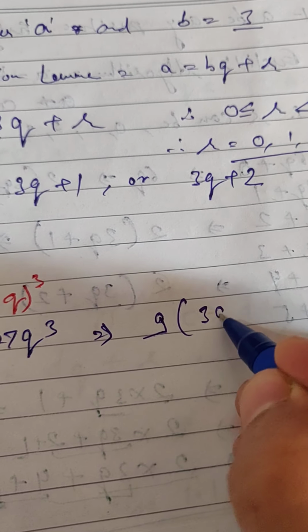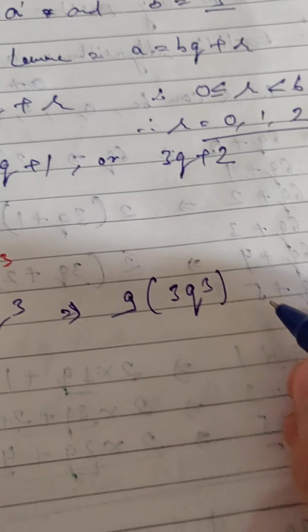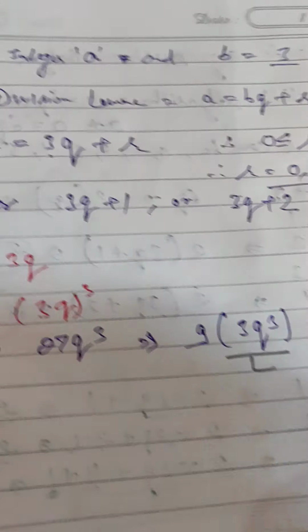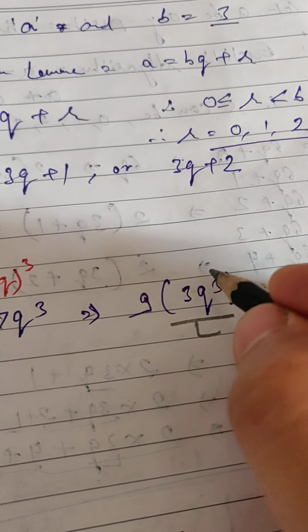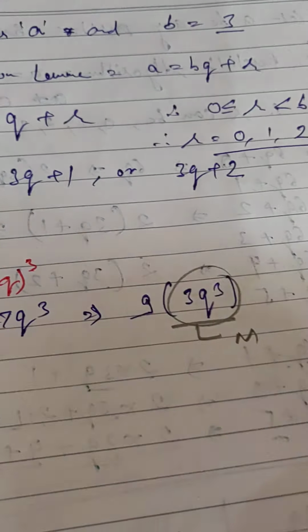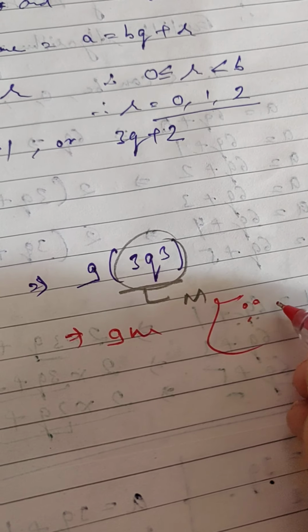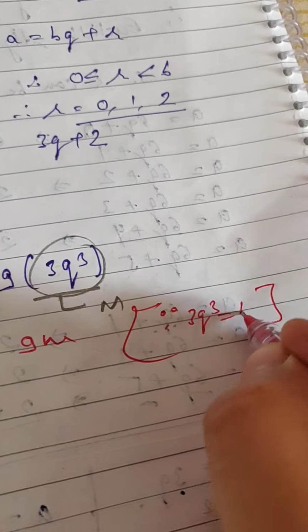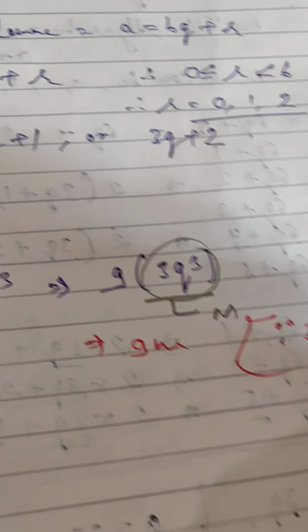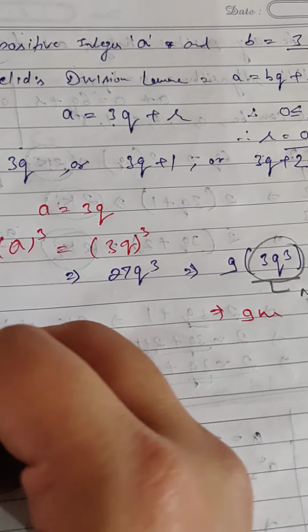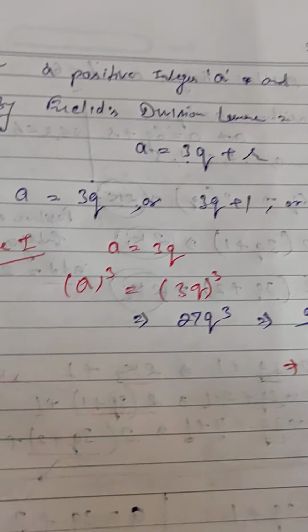So this will be 9(3q cube), and let's say this 3q cube be m, so we can write it as 9m. So this has already been represented in the form of 9m.